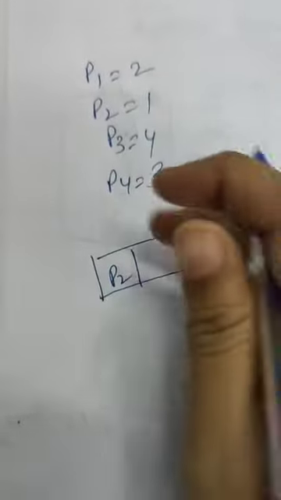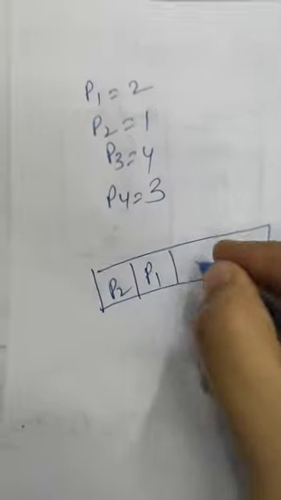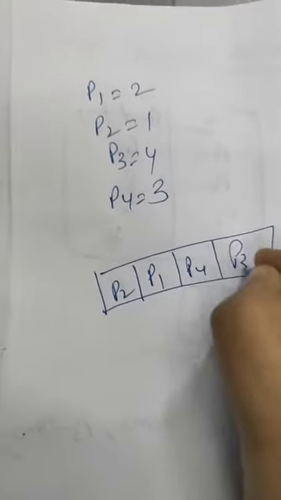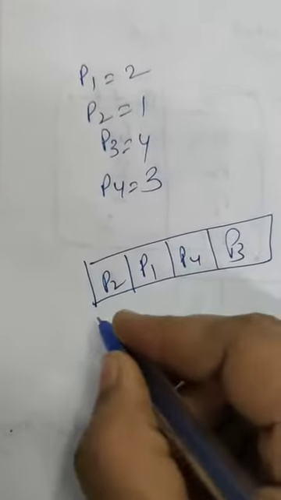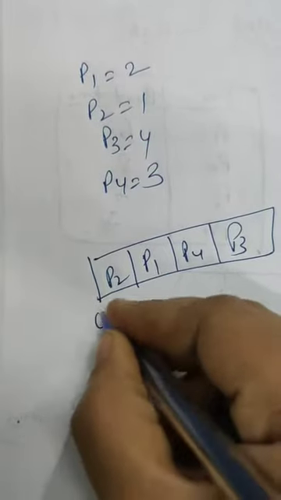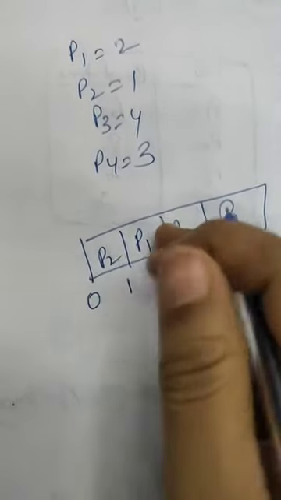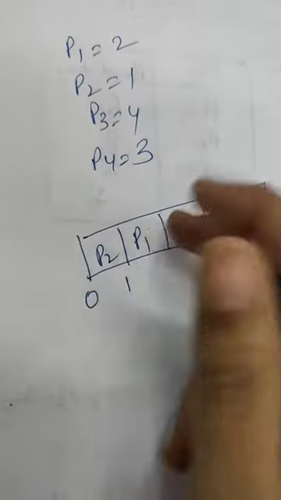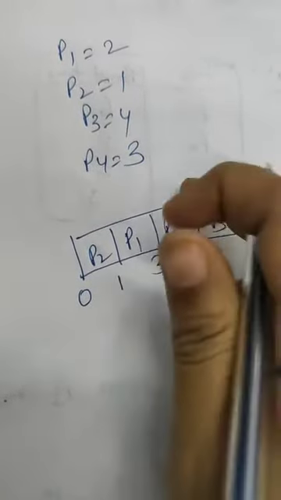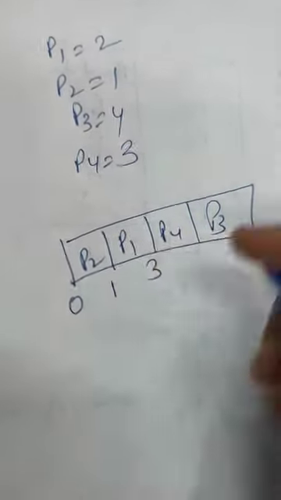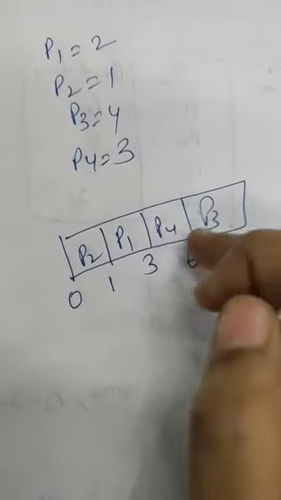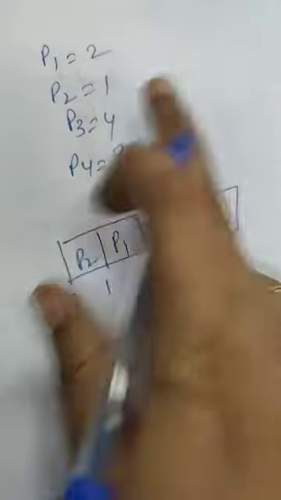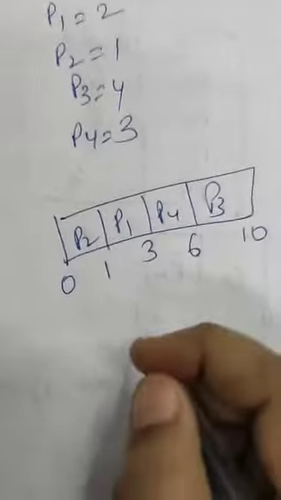P2. Next P1, then P4, then P3. The start is 0. P2 ends at 1. P1 becomes 1 plus 2, that is 3. P4 becomes 3 plus 3, that is 6. P3 becomes 6 plus 4, that is 10.